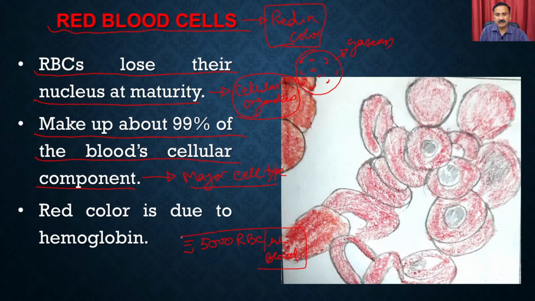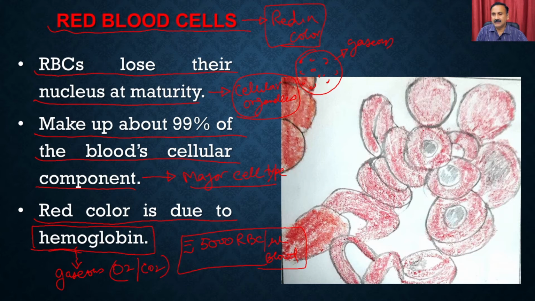So its number is very high, and the RBC is red because of a red color protein called hemoglobin, and hemoglobin is the major protein responsible for carrying the gases, whether it is oxygen or carbon dioxide.